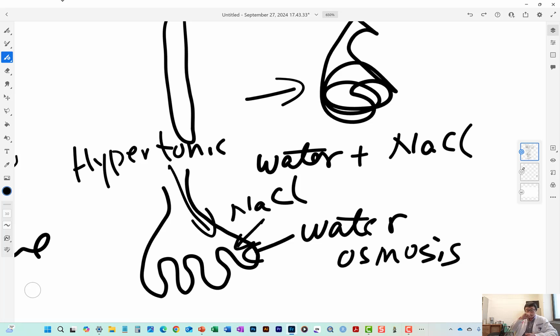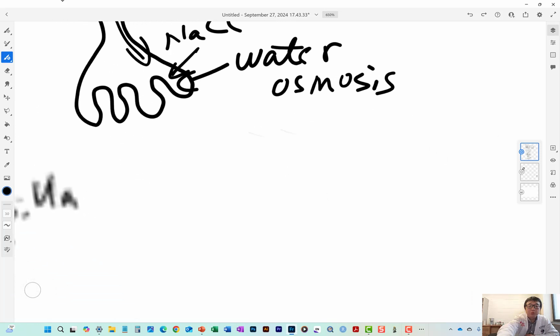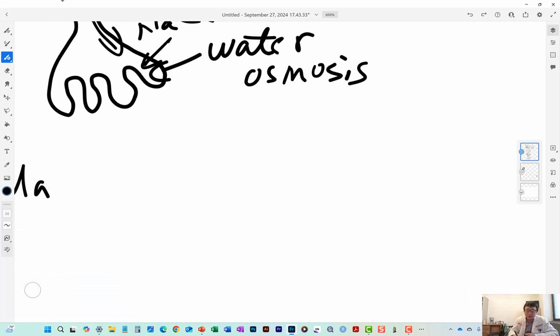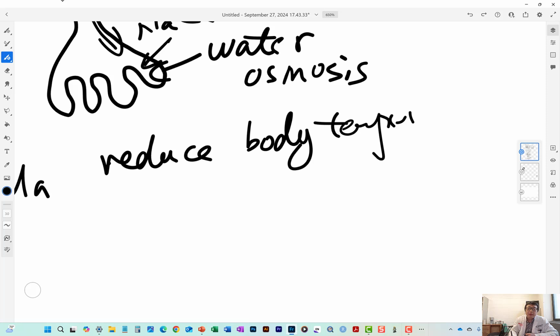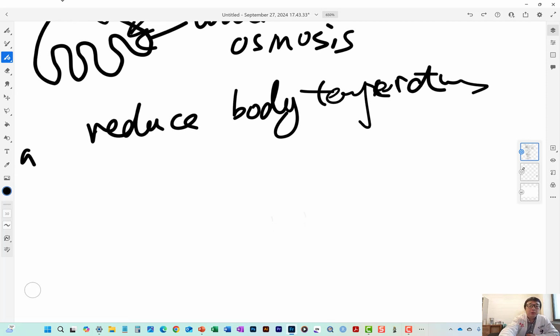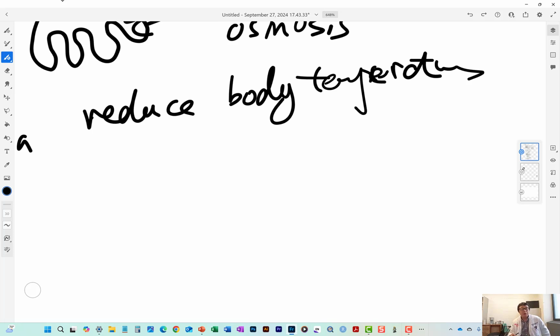So that's how the body uses osmosis to produce the sweat. The major function of sweating is to reduce the body temperature, and amazingly, humans have a very high density of sweat glands, and we generate a lot of sweat to reduce our body temperature, which makes us the champions of long distance running.